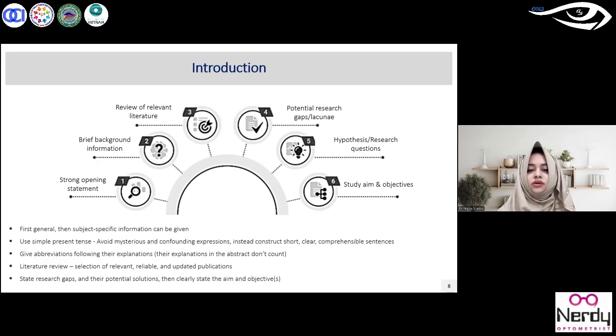Following this, the research hypothesis, study aim, and objectives can be stated. It is important to keep this section very short and crisp, and to start with the preparation of the background, discussion of the basic references, and an indication of the focus.